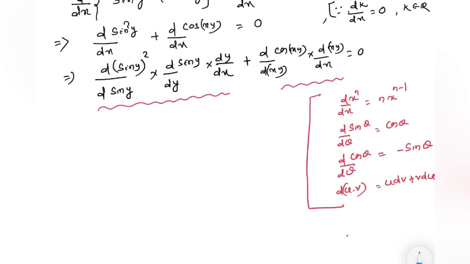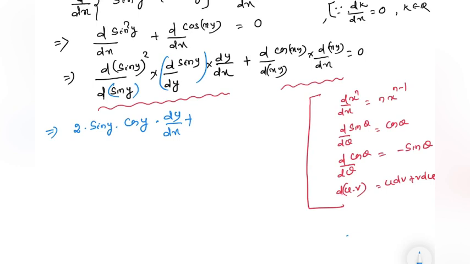So you see the first one, the derivative of sin square y with respect to sin y, you will have 2 into sin y. Next, derivative of sin y is equal to cos y into dy by dx.